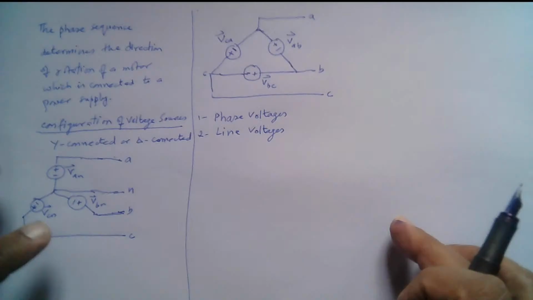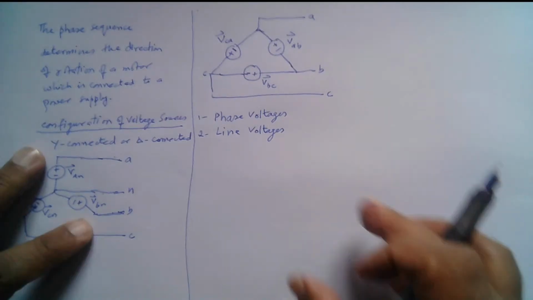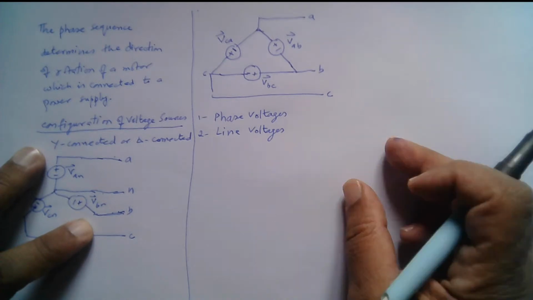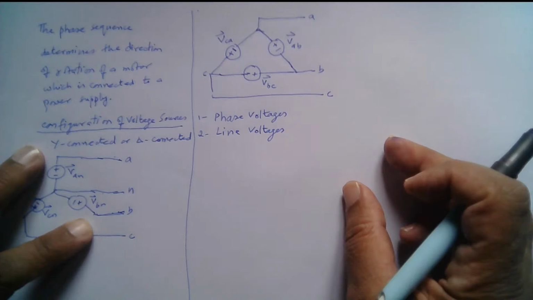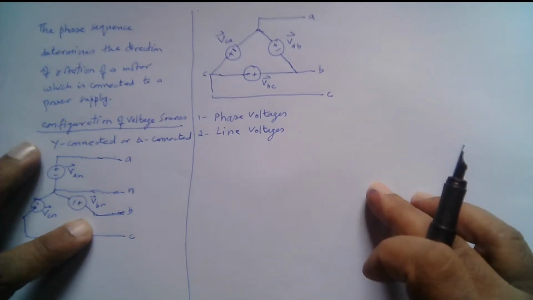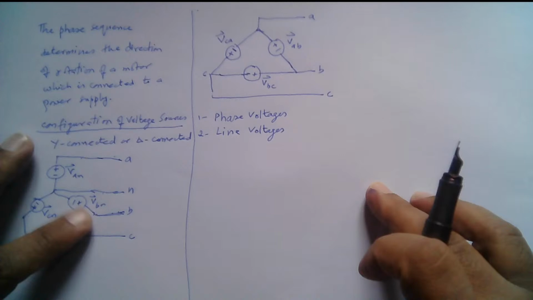Are you able to see it now? No, I think it is reconnected. There was some problem midway, but I think it is connected now. Are you able to see it, students?